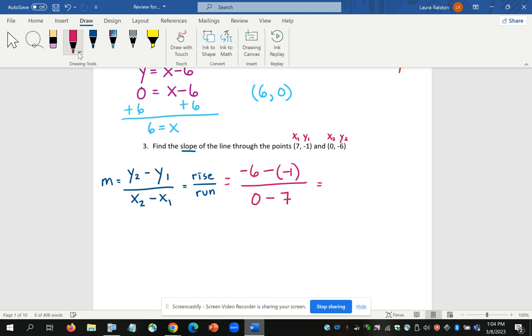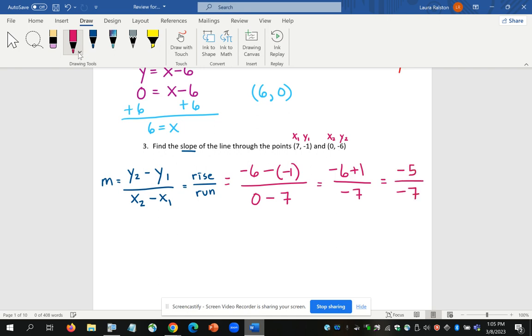Okay, be careful. That becomes negative 6, a negative and a negative become a plus, over 0 minus 7 is negative 7. Negative 6 plus 1 is negative 5 over negative 7.